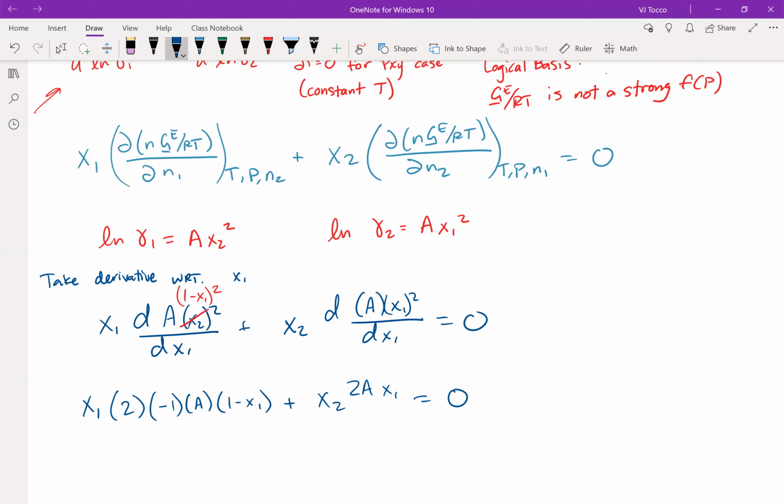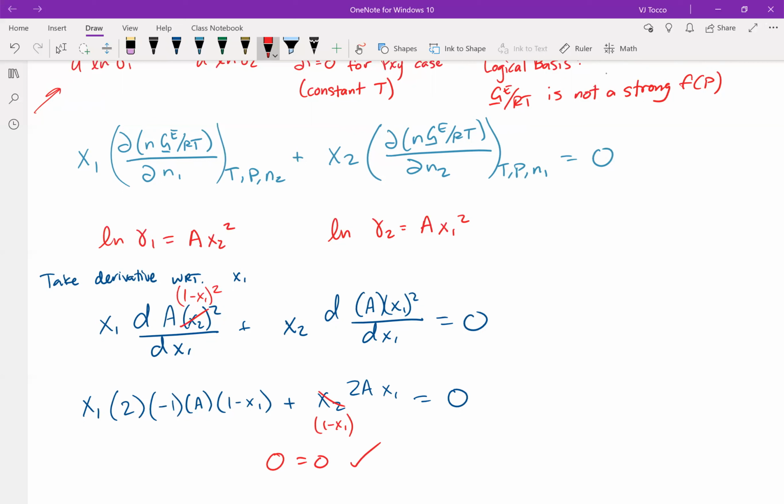So do I have cancellation? I've got minus A times 1 minus x1. Most of this stuff should factor. Right? Oh, I know what I have to do. I have to say this x2 is 1 minus x1. And then that makes it really easy because I have the same thing on both sides. So this will cancel out and I get 0 is equal to 0.